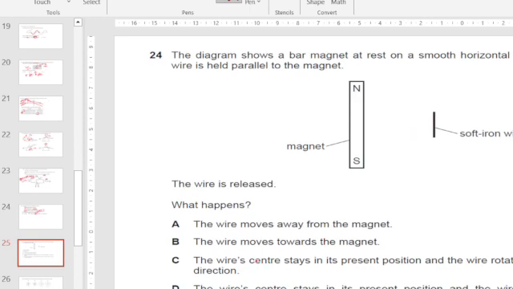When the wire is released, it's an iron wire, so the wire will move towards the magnet because the magnet will attract the iron particles. So the wire will move towards the magnet is a correct option.